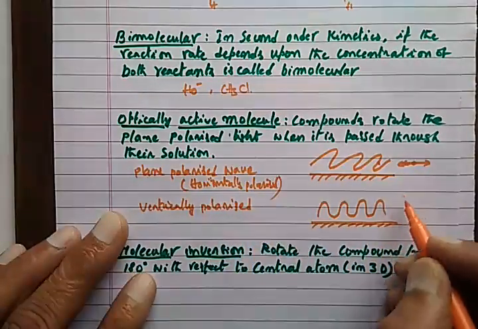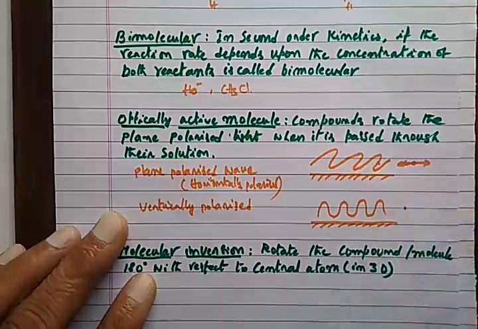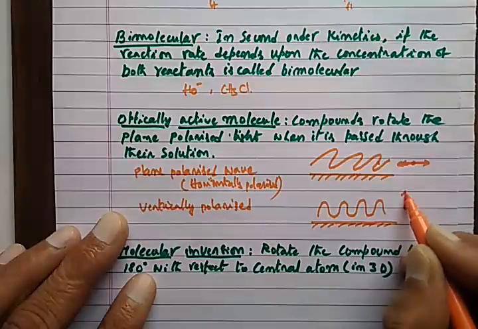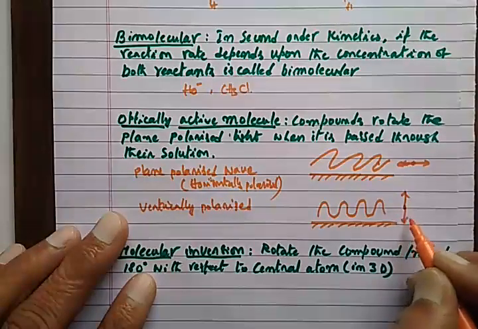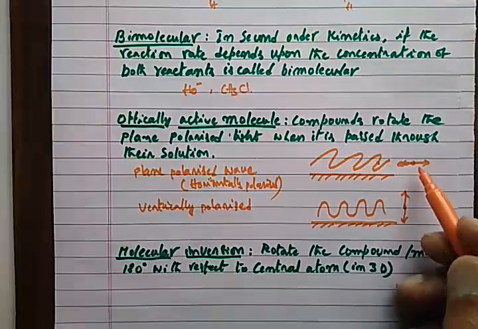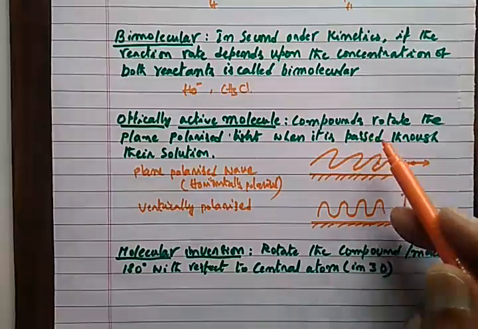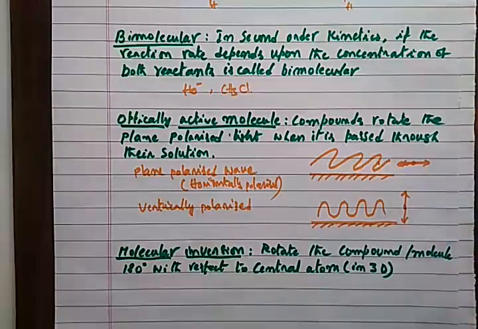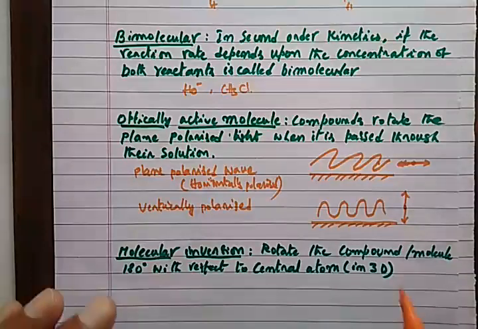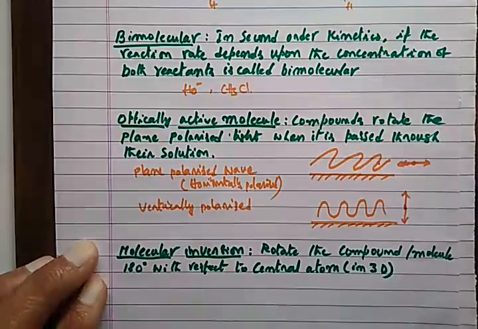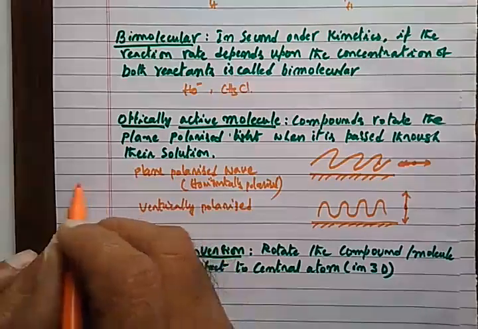Now if you see, this is like a wave, a sea wave coming towards you. You will see water going up, coming to the center and going down. So this is horizontally polarized, this is vertically polarized. If you give this wave to this molecule, it will convert this wave into this wave. So it will rotate 180 degrees. See, the rotation can be two ways. I'll write here.